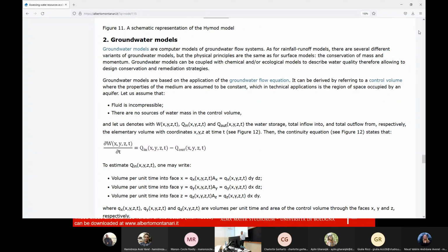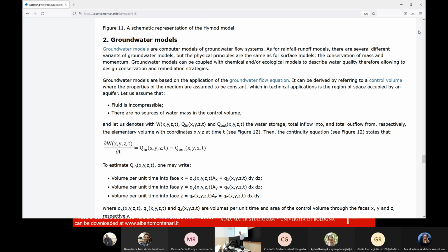They may be displaced at several levels in the underground. So in the same region, we may have several aquifers that are displaced in different ways in space and also in terms of depth. And therefore, from a geometric point of view, it's more difficult to define these bodies, while for surface water, it's much easier.